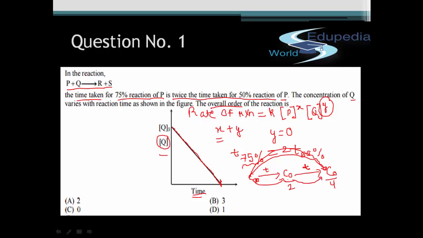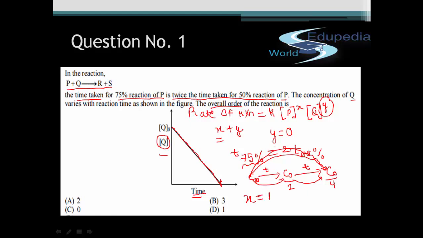It is getting halved and again it is getting halved. So these are the clear-cut indicators for a first order reaction. So that means that x is equal to 1.